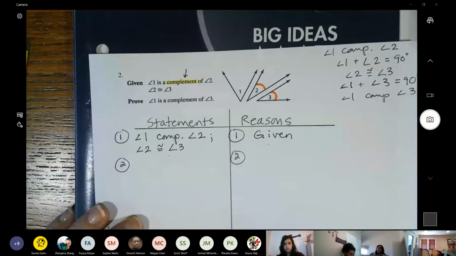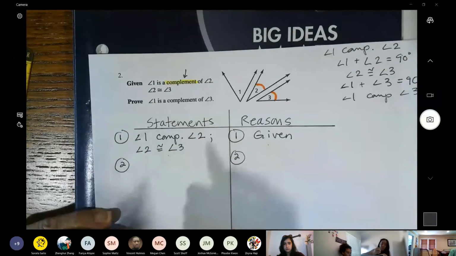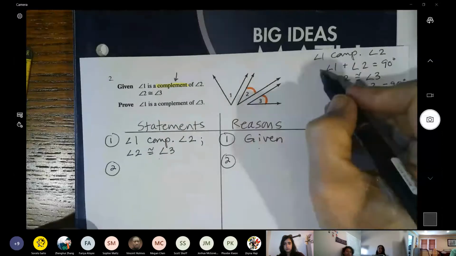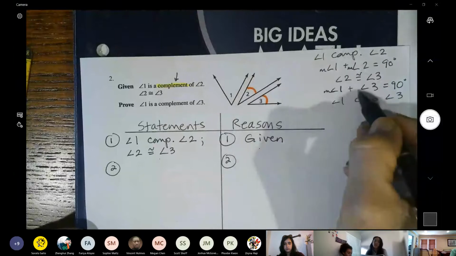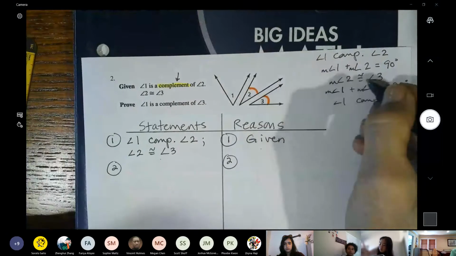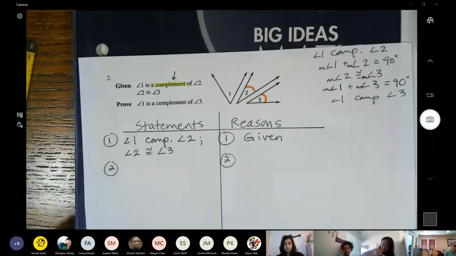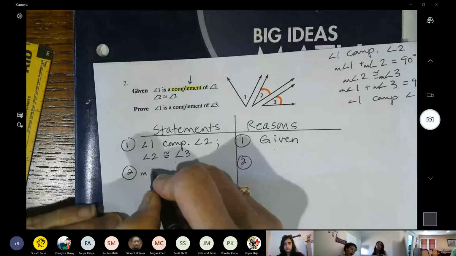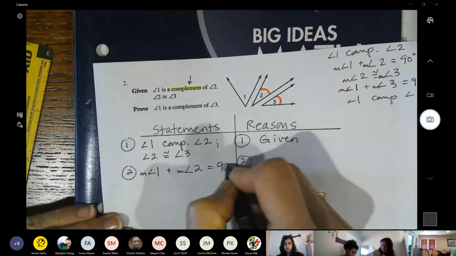Number 2, if I know that those are complementary, then I can say, oh shoot, I did forget one step. When I'm talking about numbers, I have to say the measurement. Sorry, I forgot about those. Okay, but that's okay, that's just my notes. So number 2, I can say, because they're complementary, that the measure of angle 1 plus the measure of angle 2 is equal to 90 degrees.